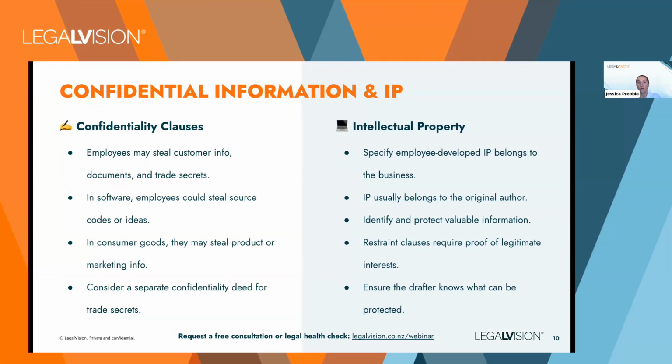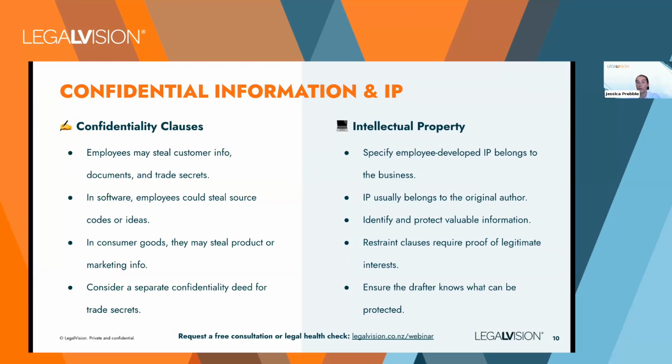Now, separate to restraint clauses, you should also include clauses protecting your confidential information and IP. Employees have the potential to become competitors, might steal customer lists, trade secrets, documents and information that will make it easier to service those customers. In the case of software companies, the employees may steal source codes or ideas.